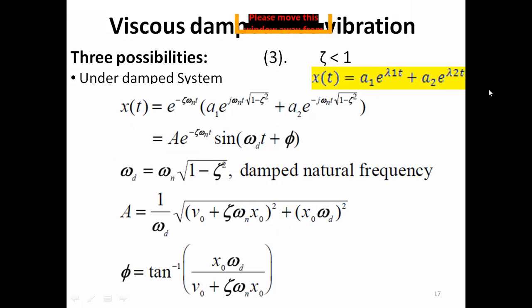Putting for lambda 1 and lambda 2 in our response equation, it would be x of t is equal to exponential minus zeta omega n t, and inside the parentheses we would have a1 exponential j omega n t under the root 1 minus zeta square plus a2 exponential minus j omega n t under the root 1 minus zeta square.